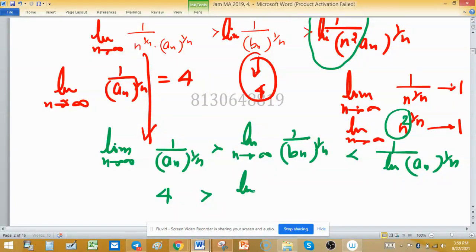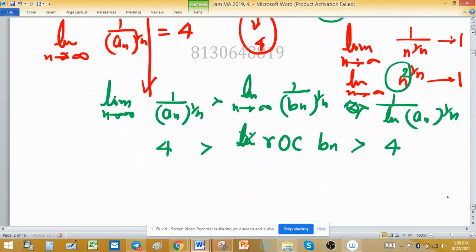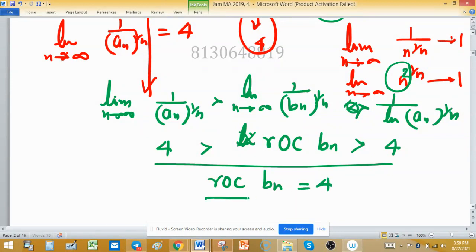So 4 is greater than the limit, or I can say the radius of convergence ROC of Bn, and this is the sign of inequality, and this one was greater than. So 4 is greater than radius of convergence of Bn greater than radius of convergence of An, and this is 4. So using this inequality, I can say the radius of convergence is between the same two numbers, it means radius of convergence of Bn is exactly 4.